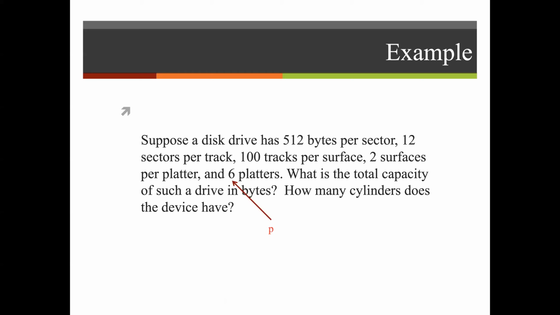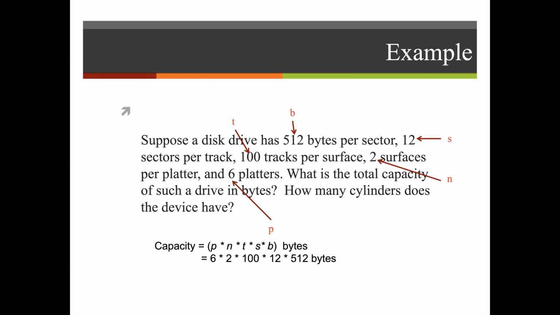So we have our appropriate metrics in our problem. We have P, we have N, we have T, we have S, and we have B. And so if you recall, we have our capacity represented as these metrics multiplied.